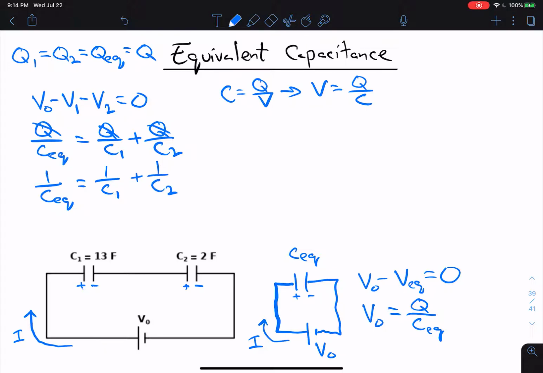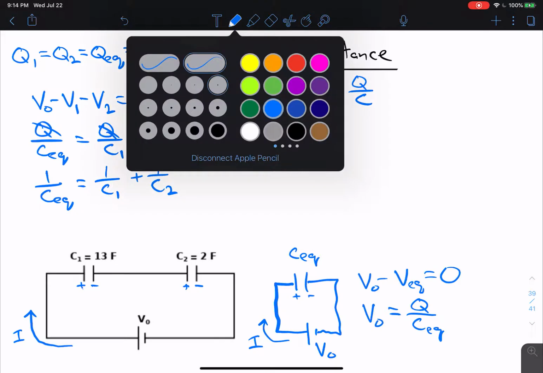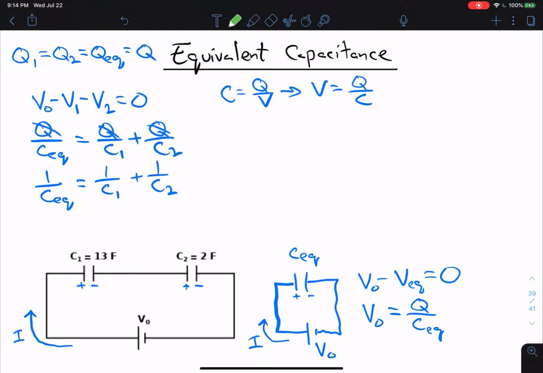And there you go. Hopefully you recognize this, but this is essentially our formula for two capacitors. The general formula looks like this. That's the general formula for capacitors connected in series.